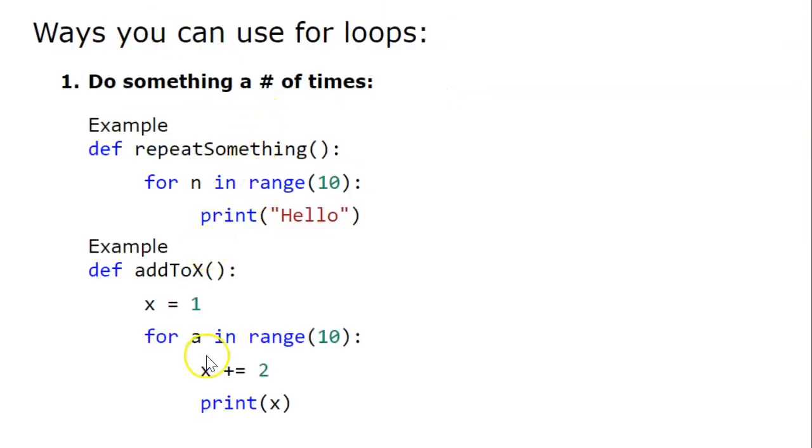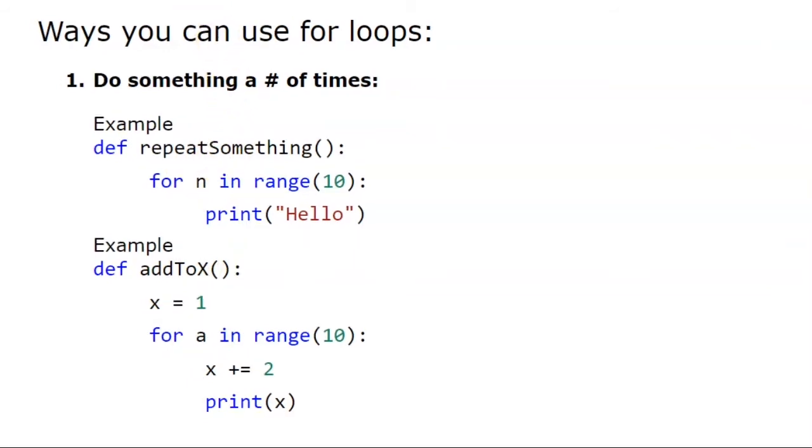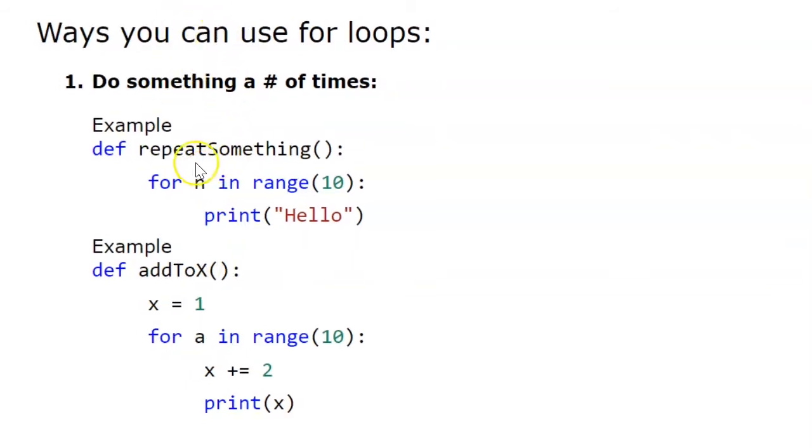So one thing I want to mention here is that this variable, this a or n, these are temporary variables, and they're just placeholders in the loop. Meaning that you could call this variable whatever you want. You can call it a, x, n, or b, whatever you want.